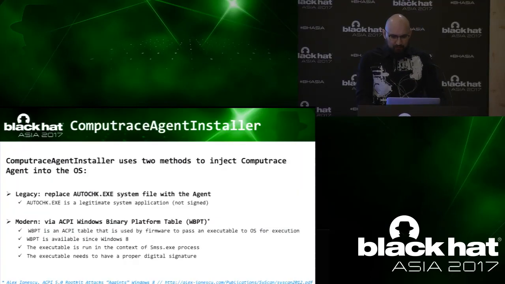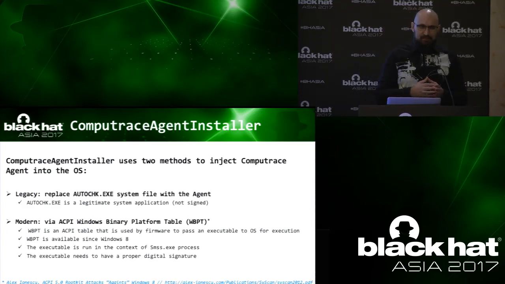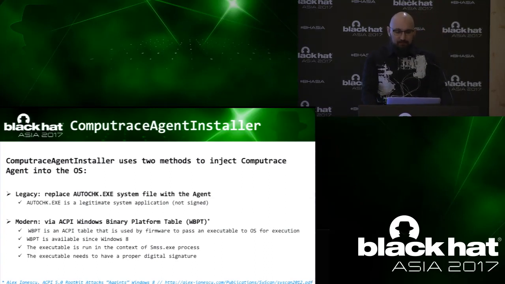But how does it work? In the legacy BIOS, it just uses an NTFS parser to directly replace this executable in the file system. In the first part, we discussed the Hacking Team implant, which also has an NTFS parser, and as I mentioned, it's pretty close and uses similar techniques. And actually autochk is not signed for the legacy BIOS.